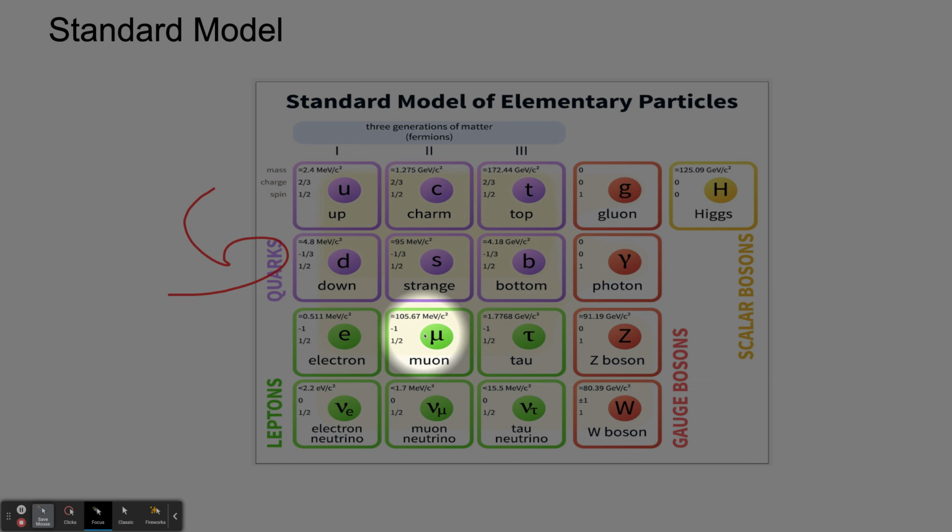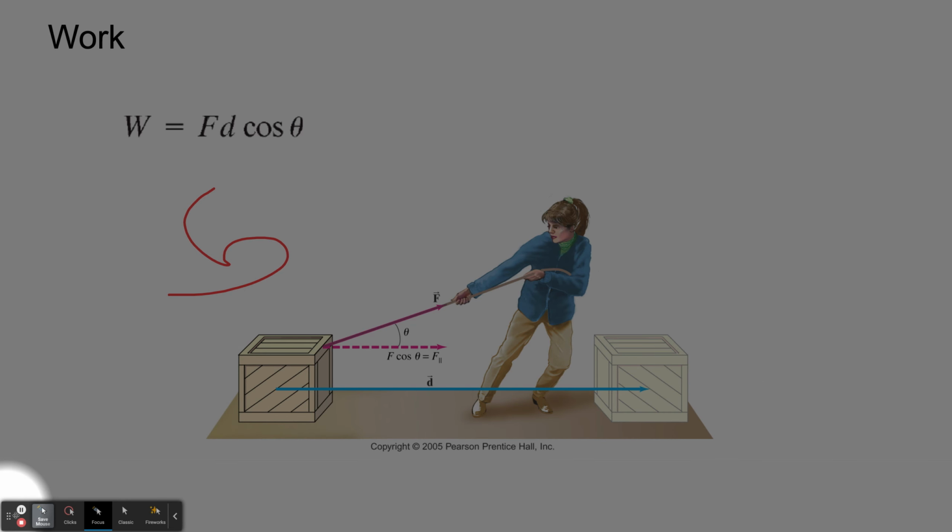So if, say, I want to talk about a muon, I can zoom right in on the muon. So there are different types of pointers in Screencastify, and these are all going to be expressed. So you're going to want to use the annotation tool or the pointer tool in Screencastify.